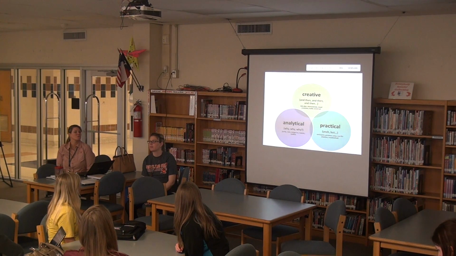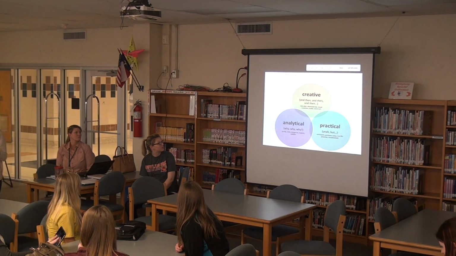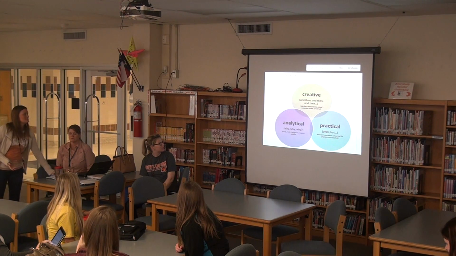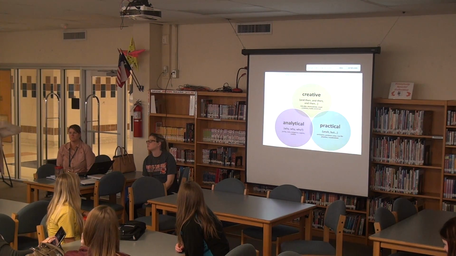So the creatives, it says role play, demonstrate, visual creations, build, construct. So if I gave you, for instance, an article and you're in the creative group, you would read through the article and maybe role play part of it for the rest of the group.